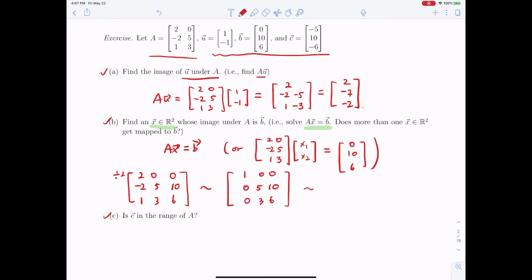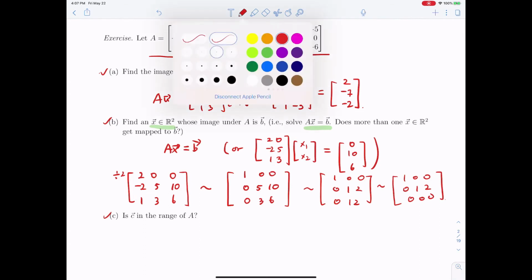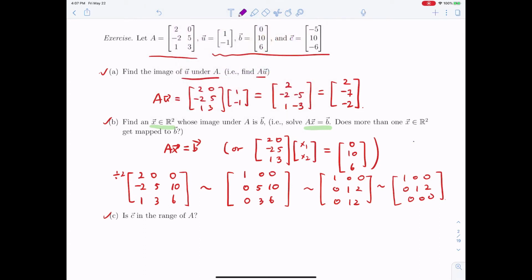This gets reduced to 1, 0, 0, 0, 1, 2, and 0, 0, 0. So this tells you that x1 equals 0 and x2 equals 2, which means we have a unique solution.